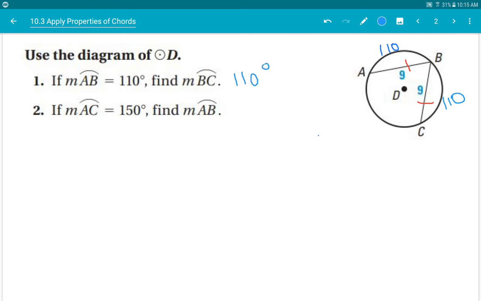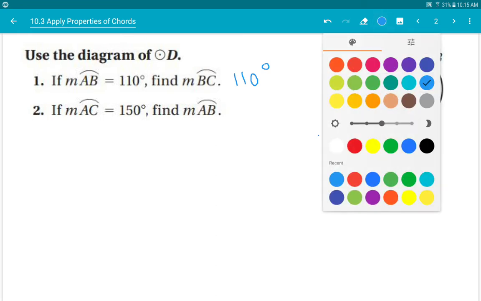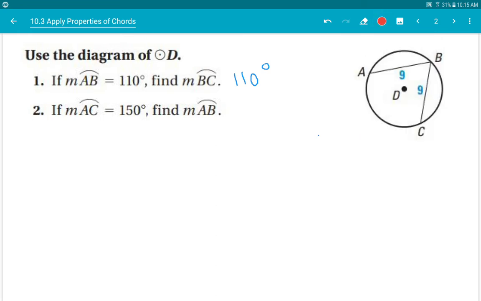All right, so let's look at example 2. It says the measurement of arc AC is 150. Now we have to pay attention to the arc and how it's labeled. There are two options for AC.